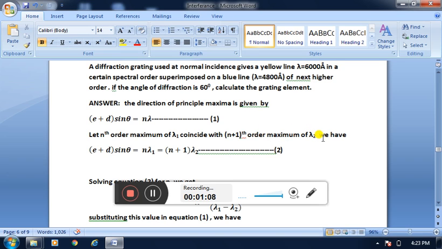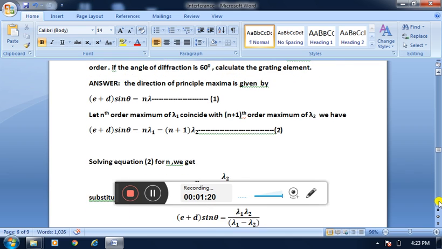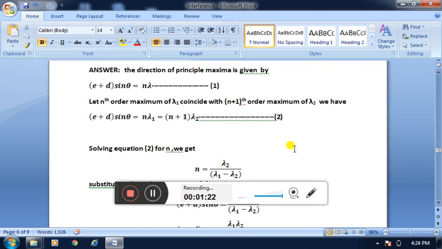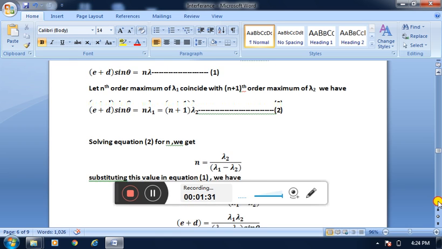So we know (e plus d) sin theta is equal to n lambda 1 is equal to (n plus 1) lambda 2. From this equation we calculate the value of n. n lambda 1 is equal to (n plus 1) lambda 2, so n is equal to lambda 2 upon lambda 1 minus lambda 2.